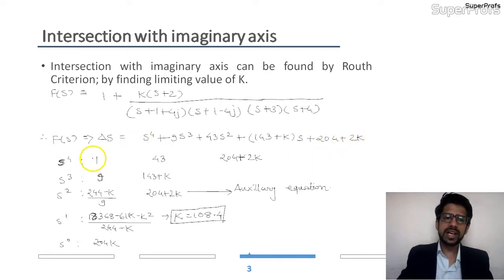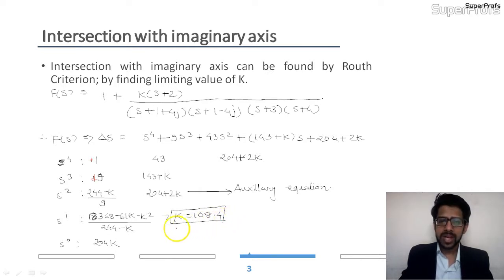If you find the Routh array and take out the limiting values of k, you already know that this is plus 1 and this is plus 9. These values that you see here should be positive, and if you solve this equation, you get the limiting value as k equal to 108.4.